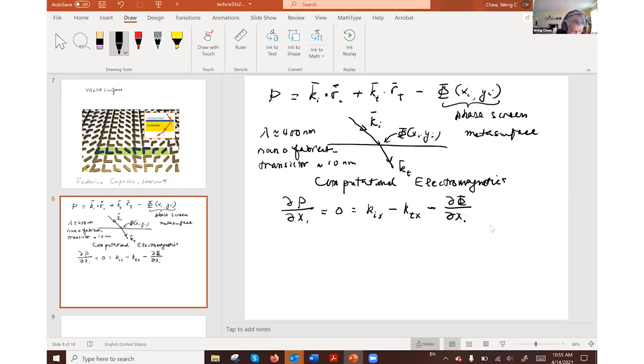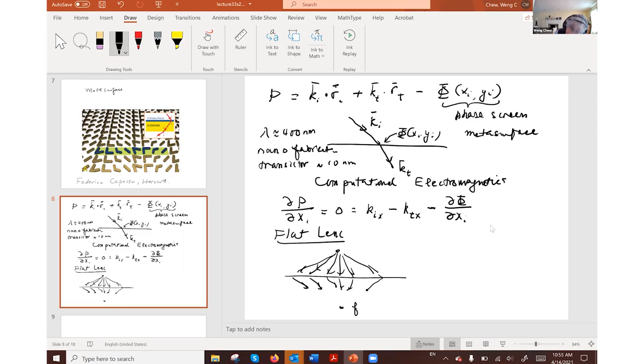Okay, so you can use this kind of thing to do wonderful things like a flat lens, because you can actually get negative refraction. If you have a source here, and if you have a metasurface, you can get the light ray to go through negative refraction, and this is your new focus.